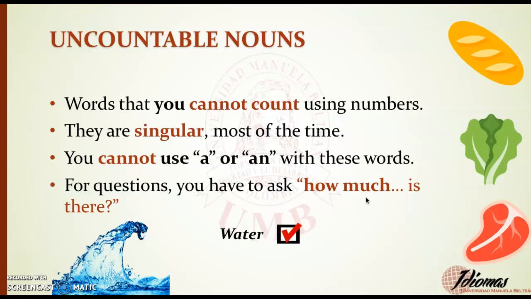How about water? You never use waters, or you never say a waters. So when you are talking about uncountable, you are not going to use a or an because a is singular, an is singular. And the common question is how much?